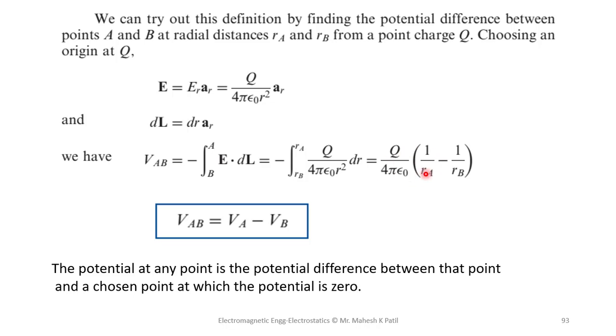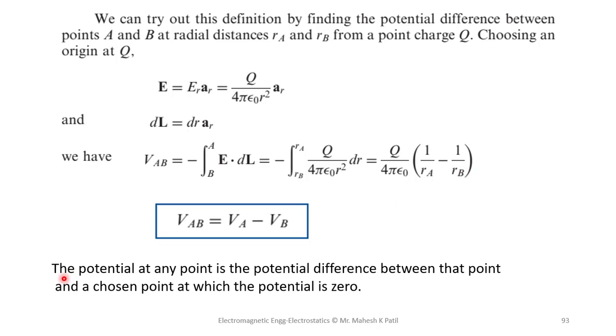If I separately evaluate this, it is Q upon 4 pi epsilon naught r_A minus Q upon 4 pi epsilon naught r_B. So this is the potential from B to A. It can be written as V suffix AB. So it is V_A minus V_B, where V_A is the potential at point A and V_B is the potential at point B. So the potential at point A can be given as Q upon 4 pi epsilon naught r_A, and the potential at point B can be given as Q upon 4 pi epsilon naught r_B.